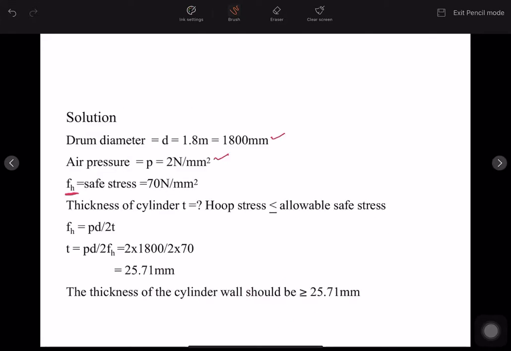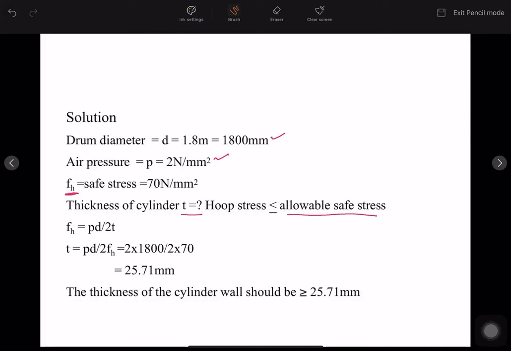Because of that condition, we are considering the safe stress he has given as hoop stress. So we need to find the thickness t. Hoop stress is less than or equal to the allowable safe stress, because if hoop stress is greater than the allowable safe stress, the cylinder will get damaged, I mean the cylinder will fail.